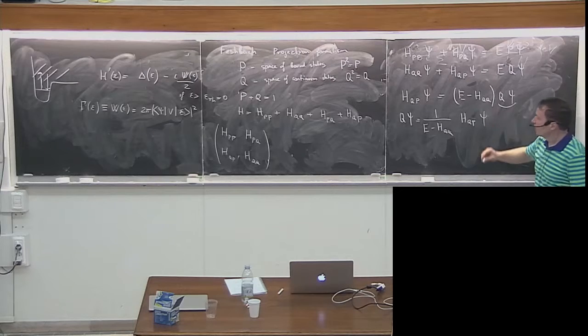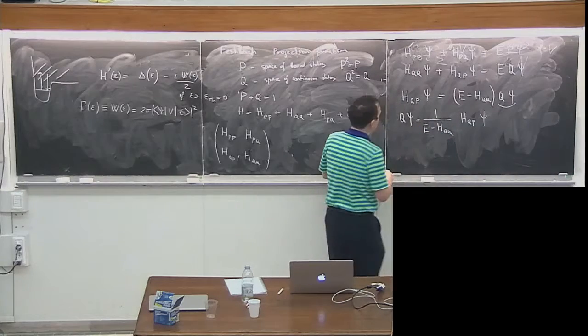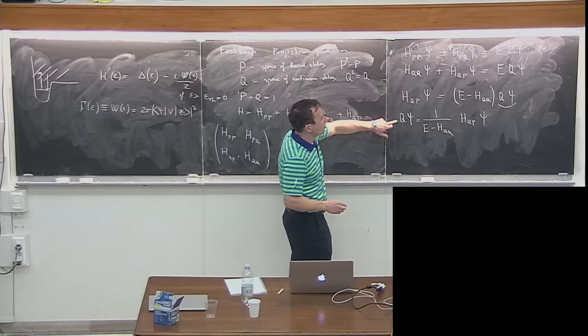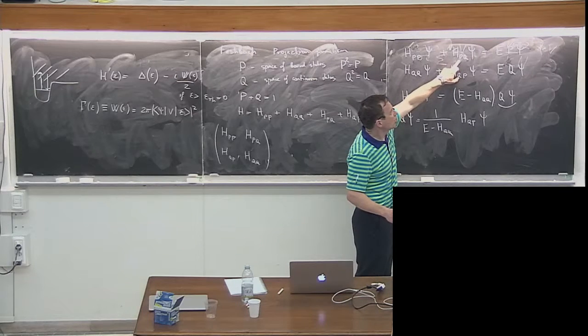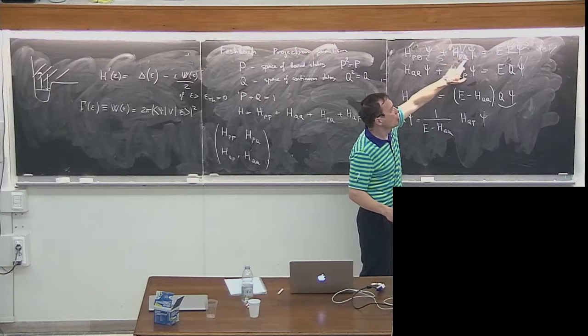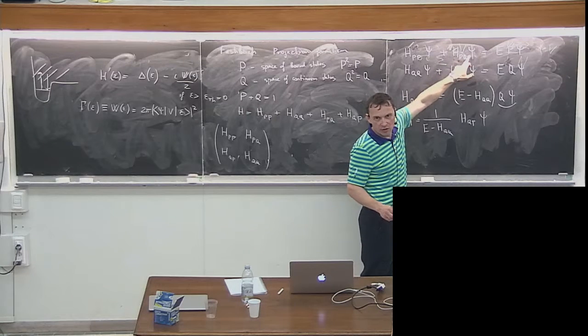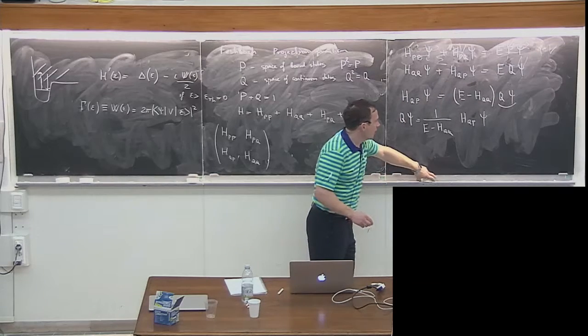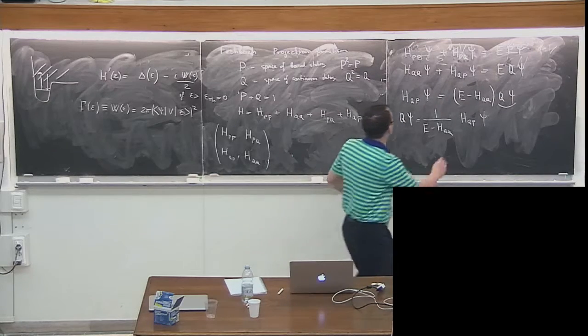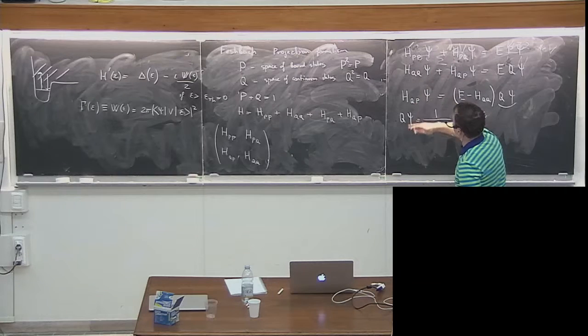Okay, so now I have the Q portion of the wave function, and this is what I'm missing in the first equation. In this equation, H_PQ takes a Q component of my wave function and acts on it. So I can combine this, and this was obtained from the second equation.